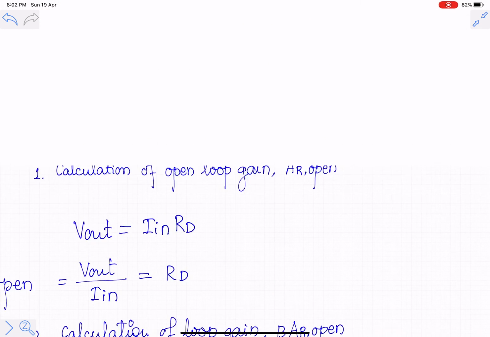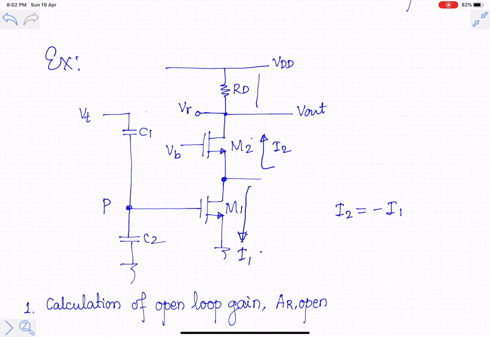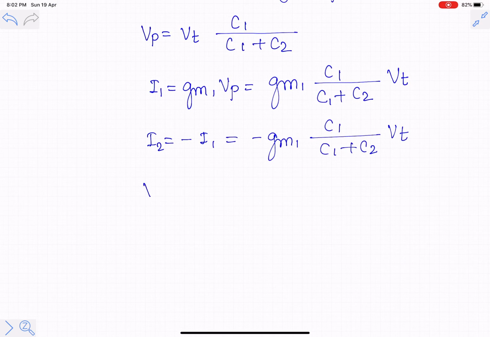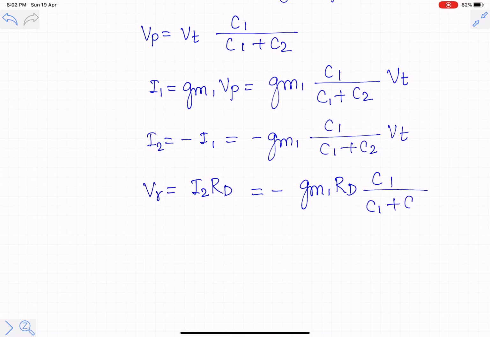Now this current will flow through RD and will produce the output voltage VR. So VR is equal to I2 into RD, which is equal to minus GM1 RD into C1 upon C1 plus C2 into Vt.